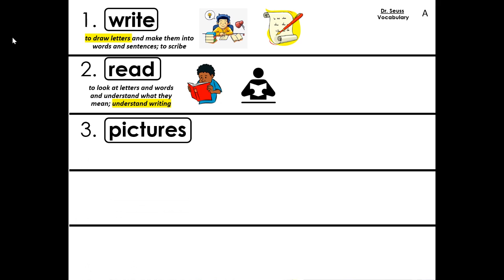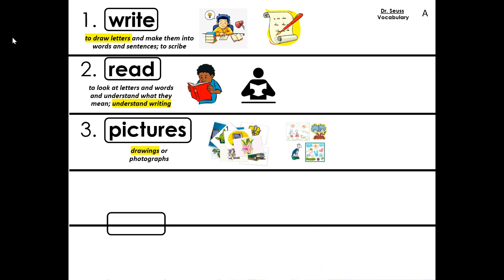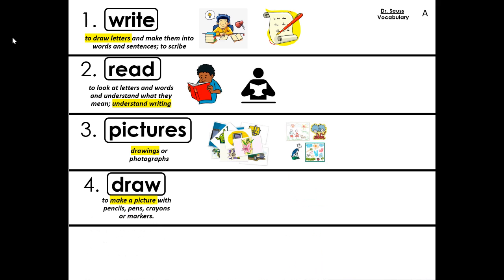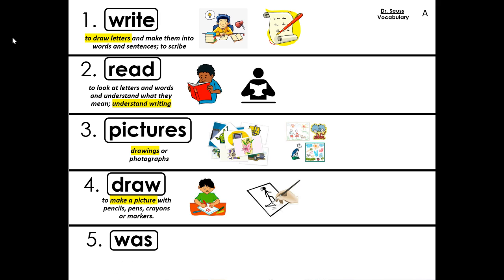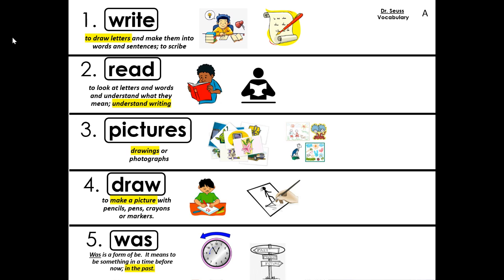Understand the writing. Number 3, pictures, drawings or photographs. Number 4, draw. To make a picture with pencils, pens, crayons, or markers. Number 5, was. Was is a form of be. It means to be something in a time before now, in the past.